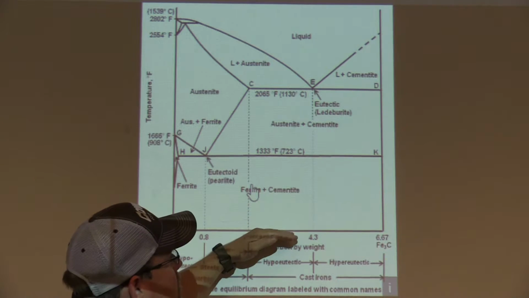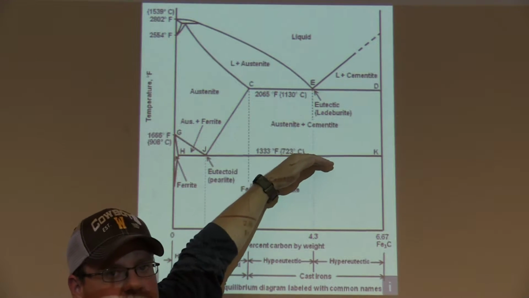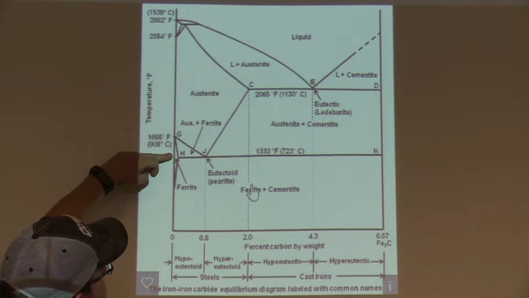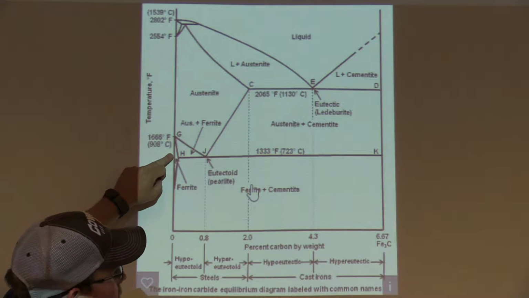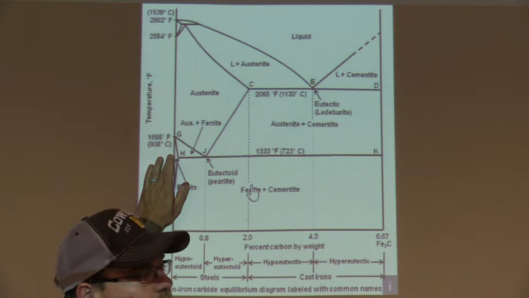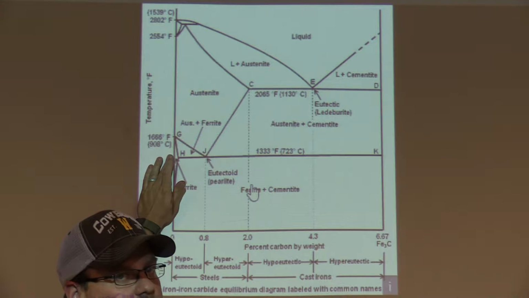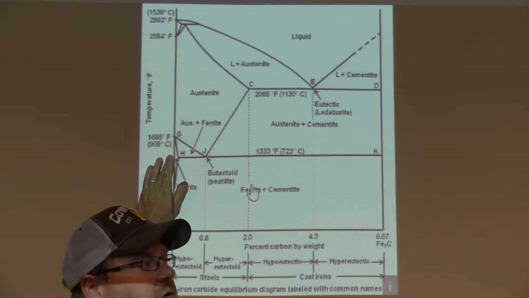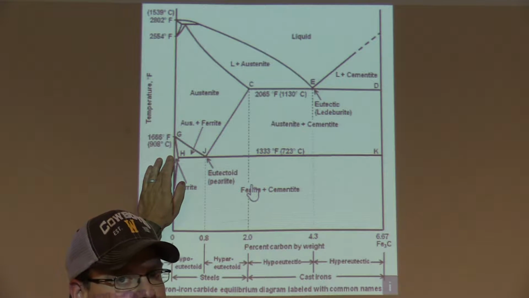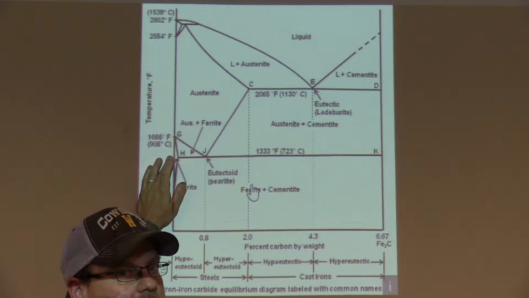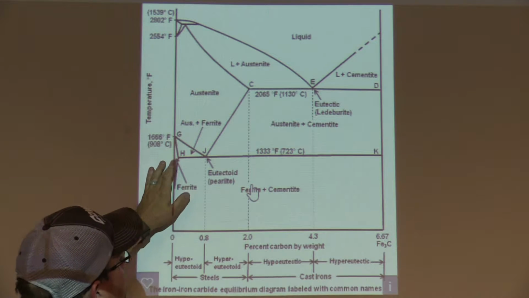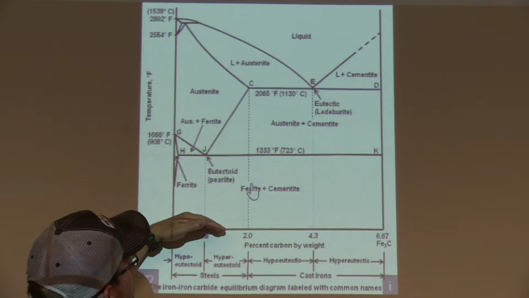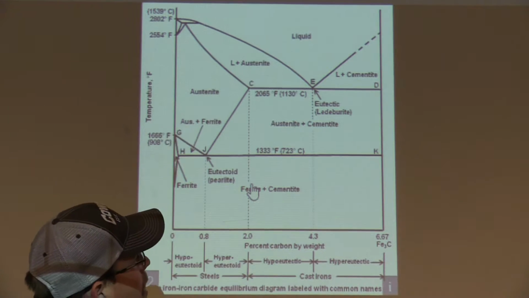This is called our lower transformation temperature, our A1 line. The exact temperature for it is 1,333 degrees. I would bullet that, write it down, and make sure you know that. What is the lower temperature transformation? 1,333 degrees Fahrenheit.